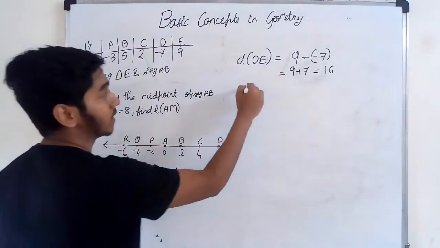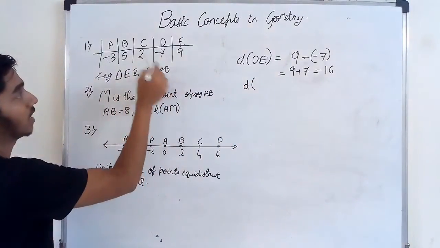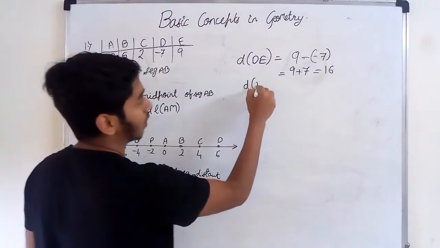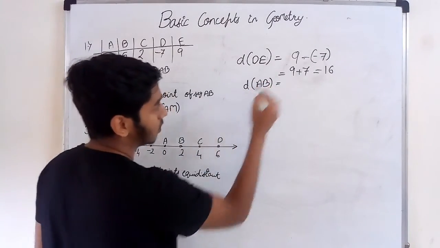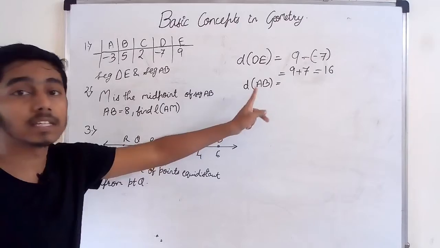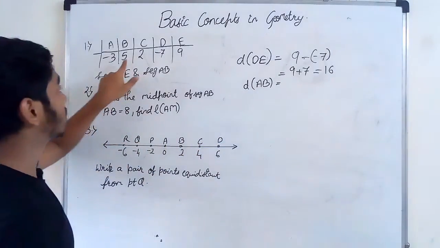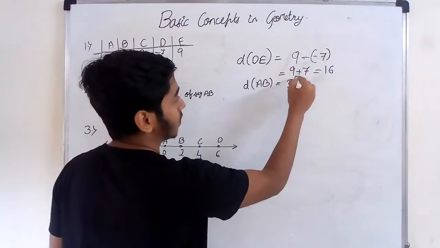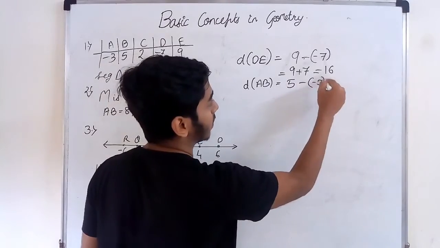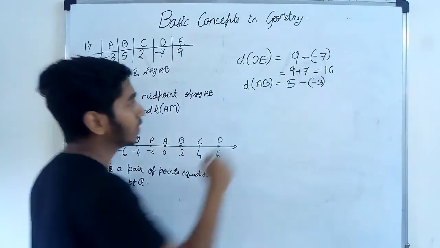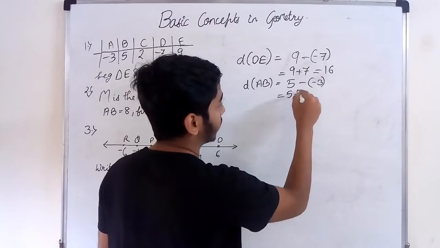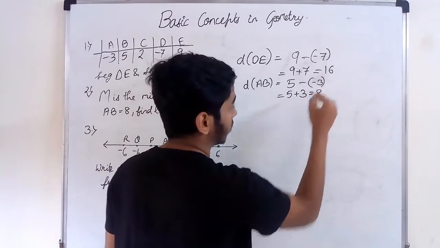Now let's check for this distance AB. So this will be coordinate of B minus coordinate of A. So coordinate of B is 5. So 5 minus 3. Okay, so this will be 5 plus 3, which is equal to 8.